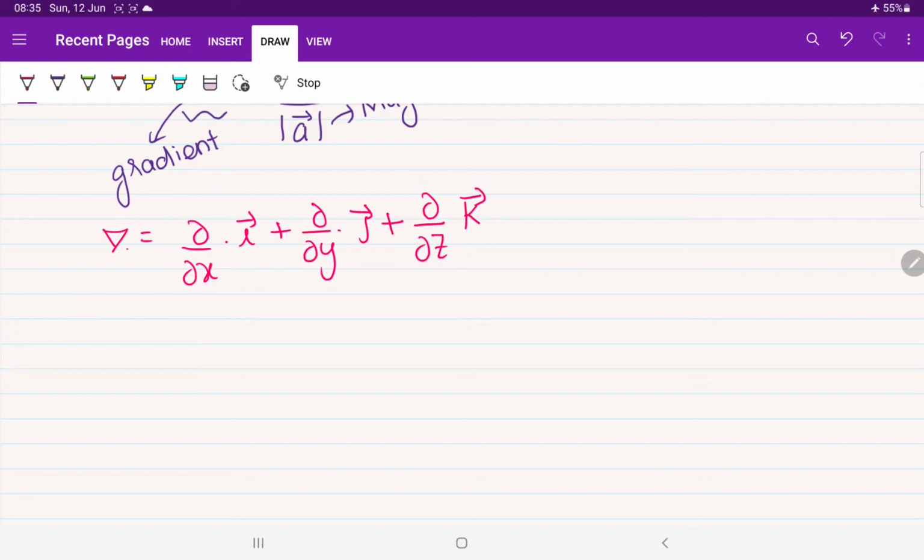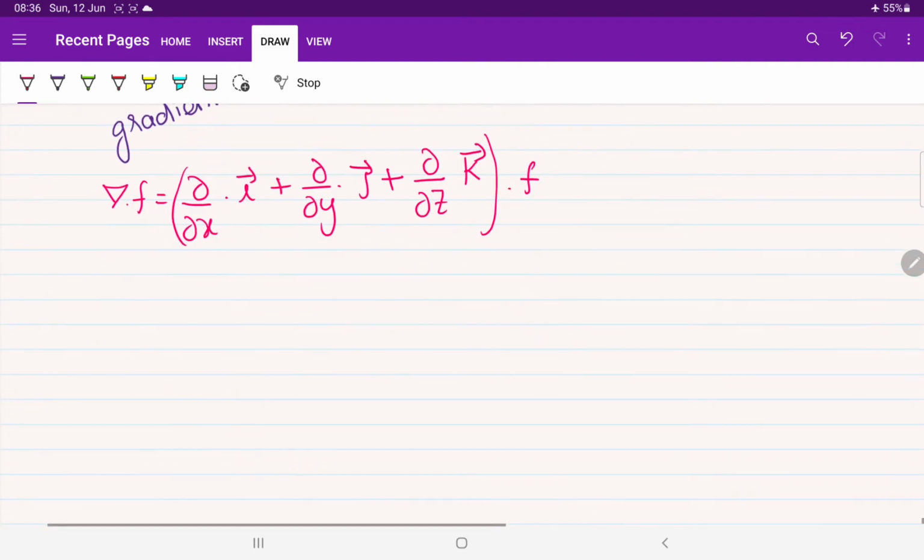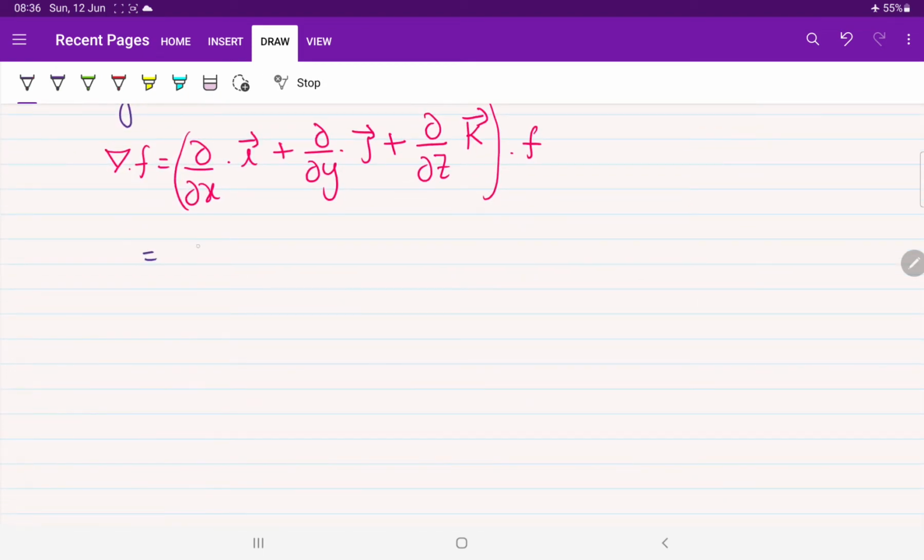Now, if I am multiplying a function with the gradient, how can we write this? In that case, you have to open up the bracket on the right hand side. Each and every term is going to be multiplied by f.